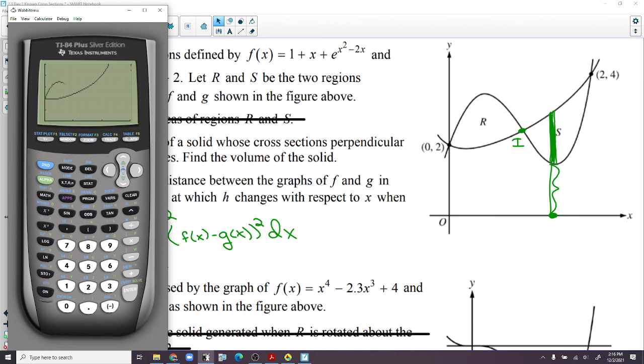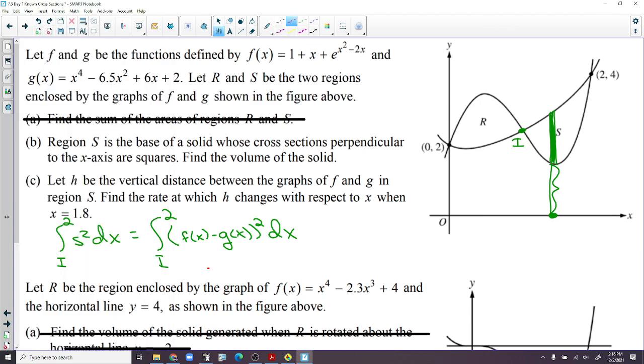There's the e to the x one, there's the x to the 4th. Now we know that this x value is 2, we just don't know that x value. So we're going to calculate intersection. Enter. 1.0328.